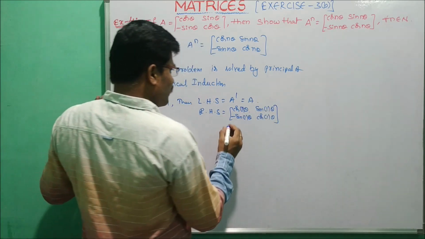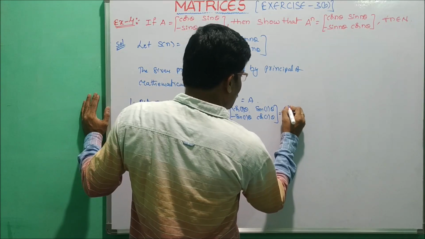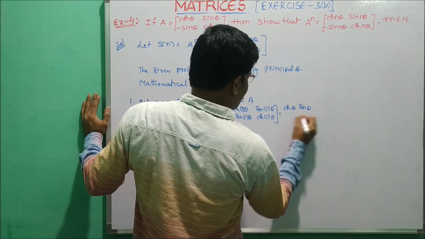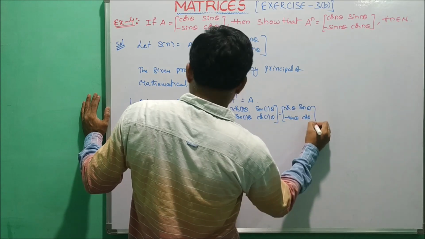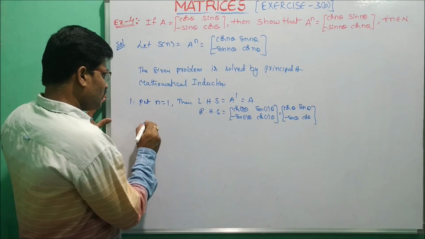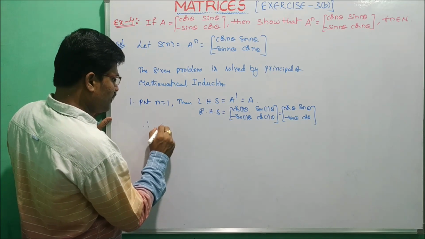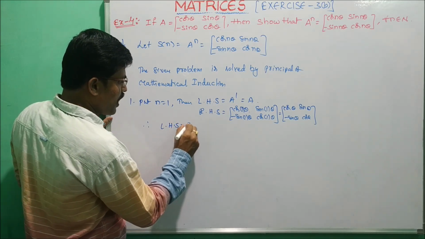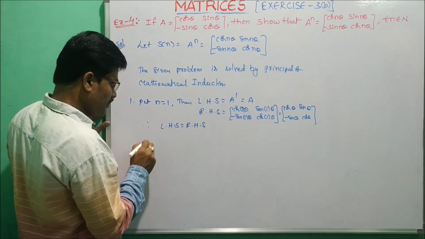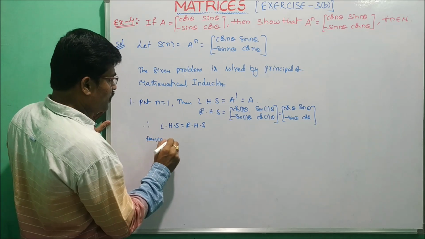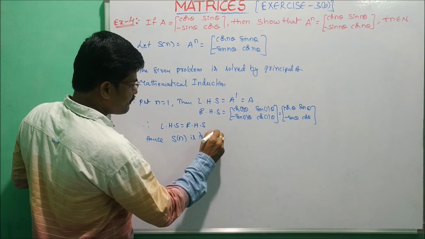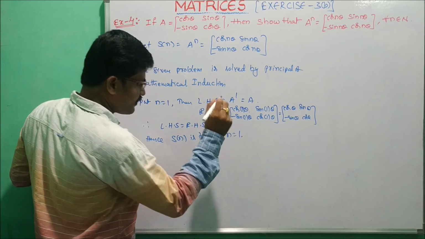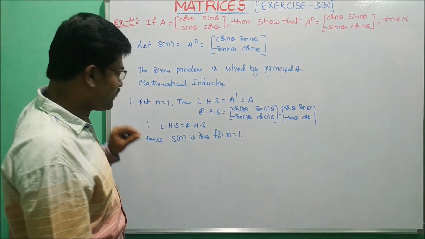That means this is clearly equal to [cos theta, sin theta; minus sin theta, cos theta]. So therefore LHS equals RHS. Hence S of n is true for n equals 1. So this is the first condition.